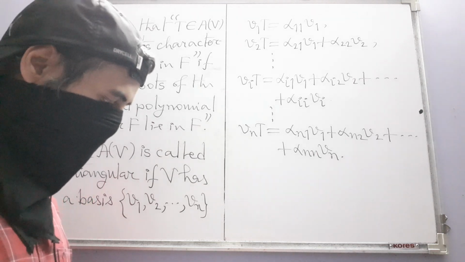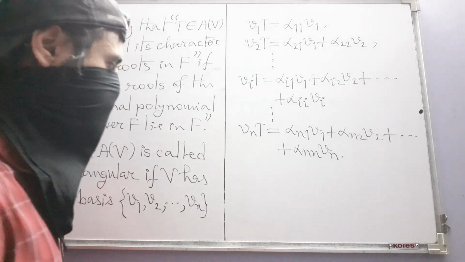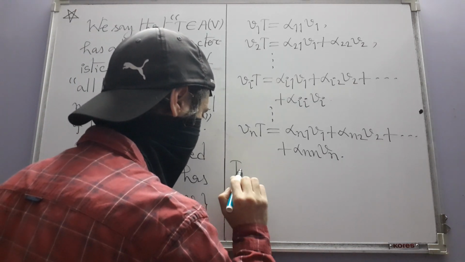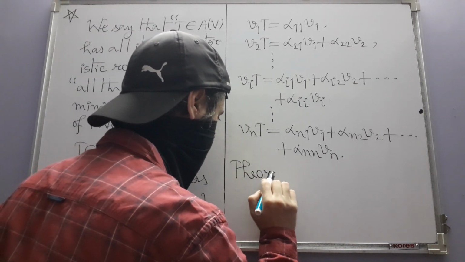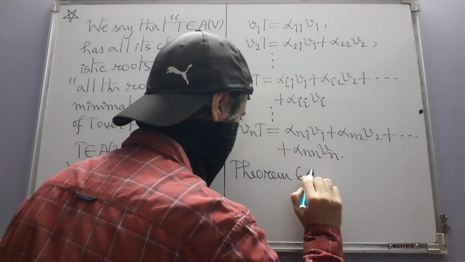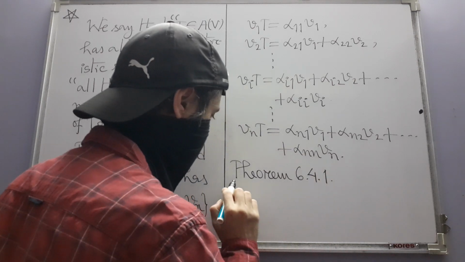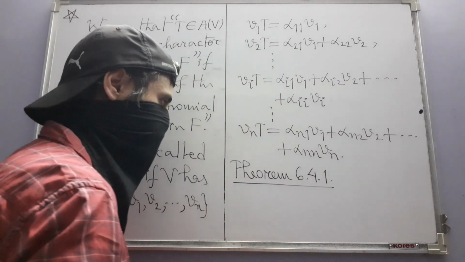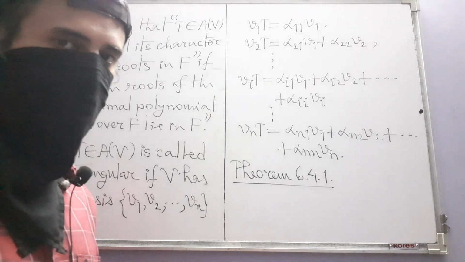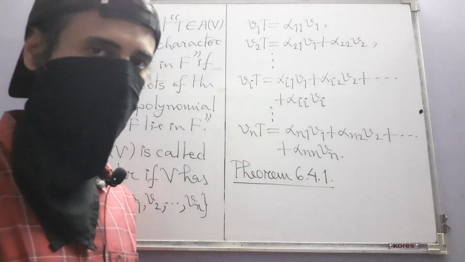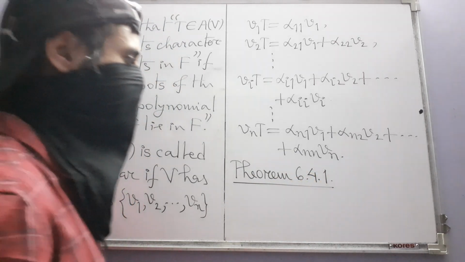Okay, so let us now state our result. This is Theorem 6.4.1. V is a finite dimensional vector space. There is no need to say that again and again, because that is what we are considering.